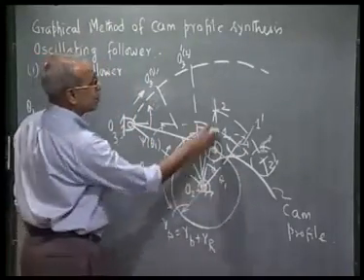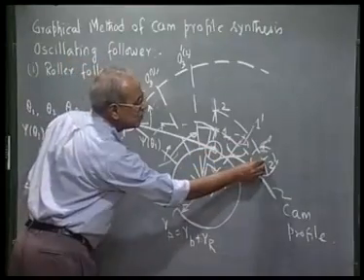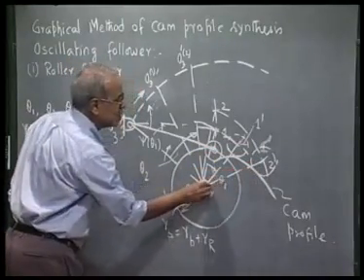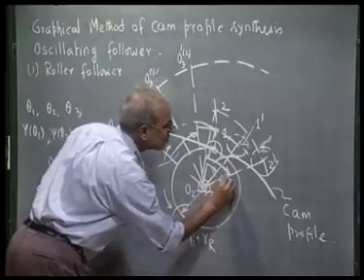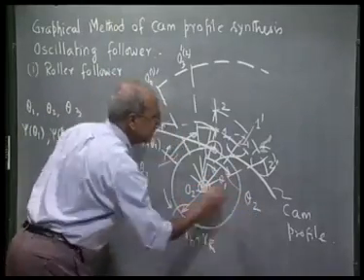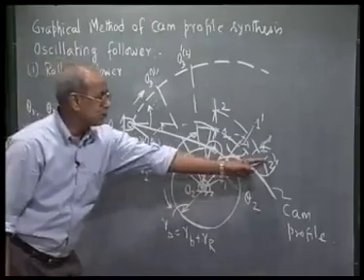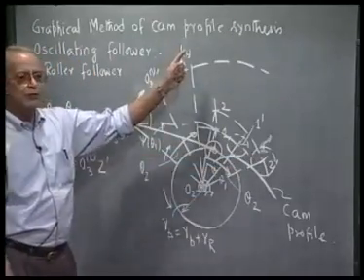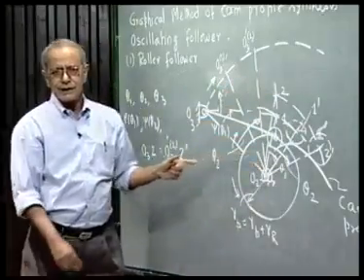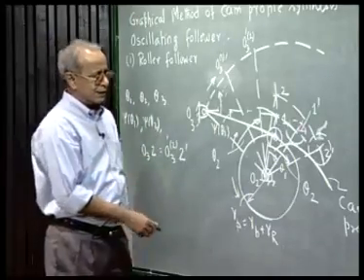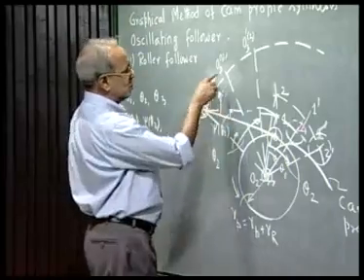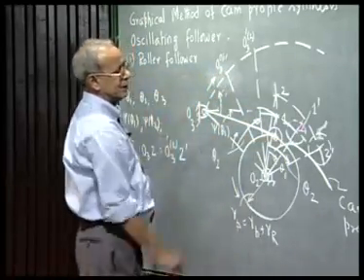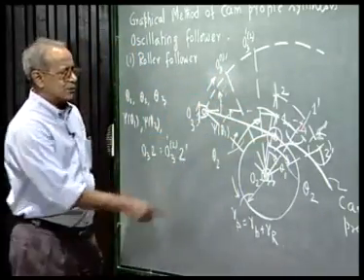Similarly, if I rotate O2 2 through an angle theta 2 in the clockwise direction, I get to 2 prime. This can be very easily proved from congruence of triangles, two equal triangles. You consider a triangle O2, O3, O1 and O3 1, 1 prime, O2. You can show that very simply.